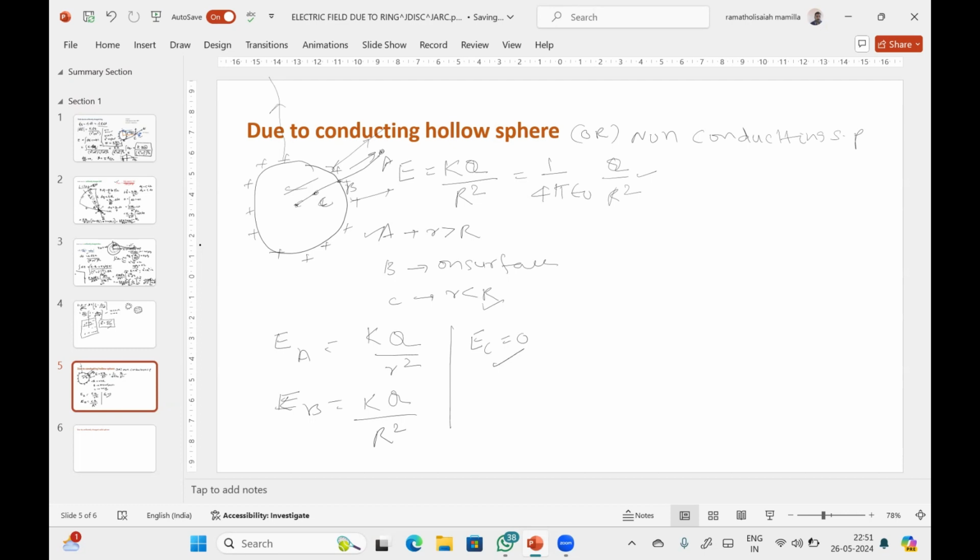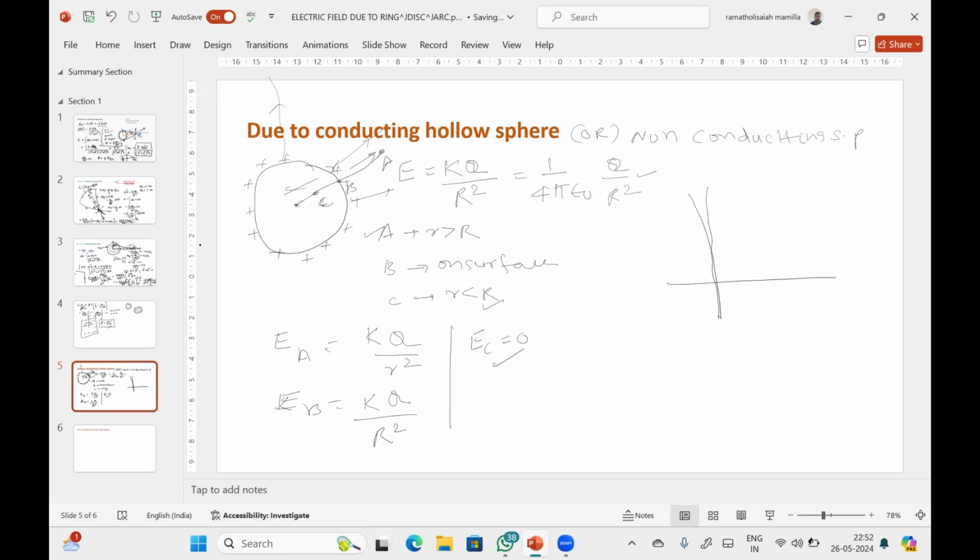Now if you take the graph for field versus distance r for a hollow sphere of radius R, sorry, for a hollow sphere or non-conducting solid sphere.